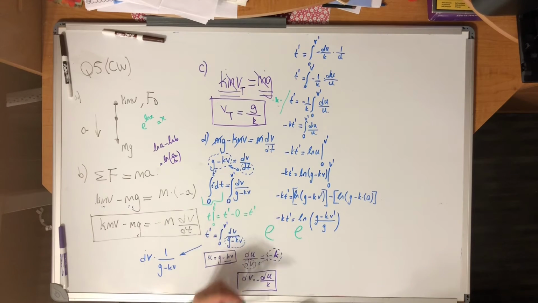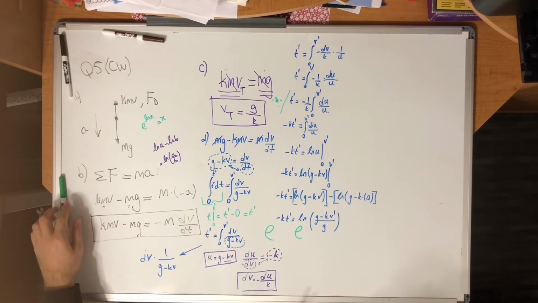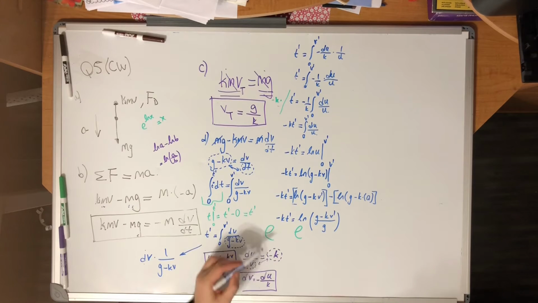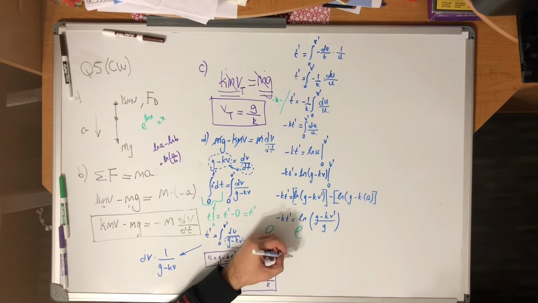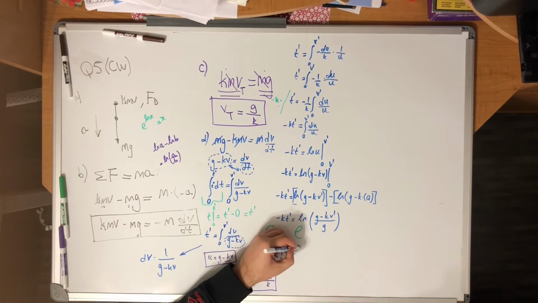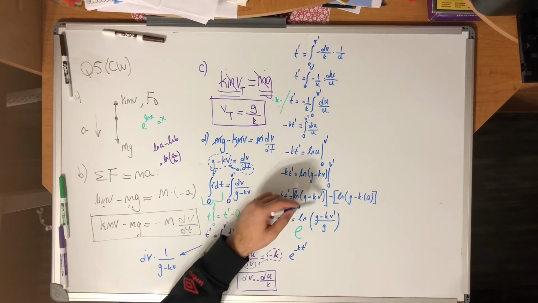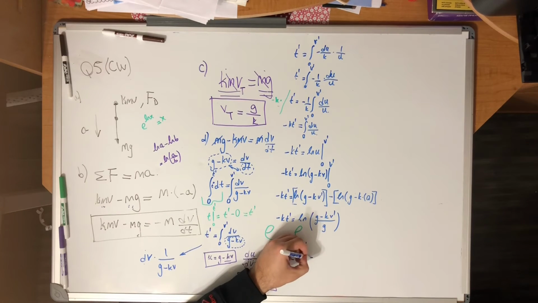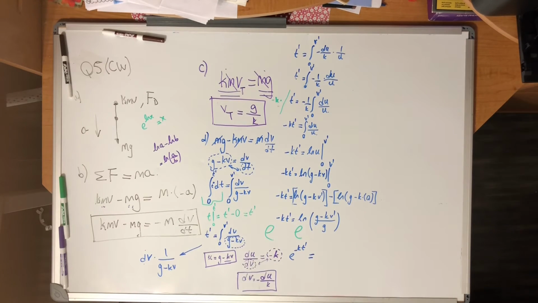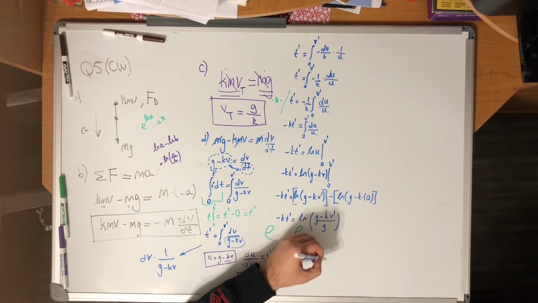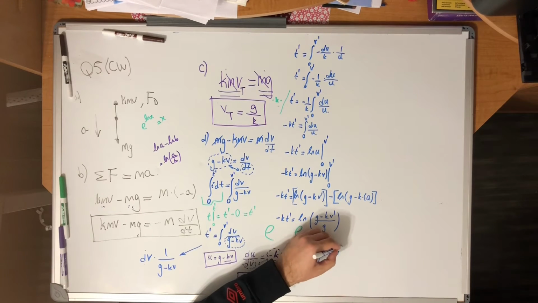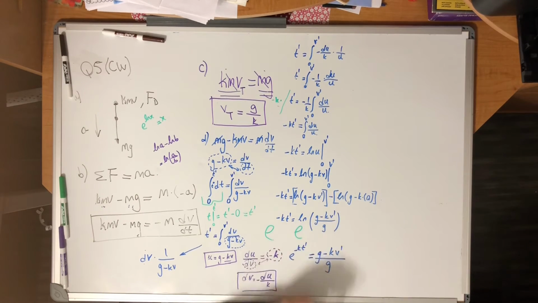So now left side becomes what? Let's continue as regular. Left side just becomes e to the power negative k t prime. And what do we have on the right side? E to the power ln. They cancel each other out already. And I'm going to have g minus k v prime divided by g.